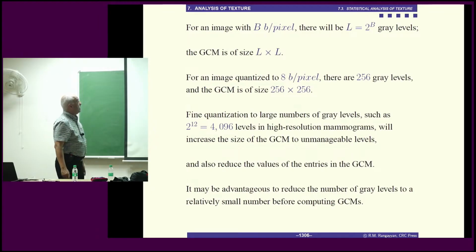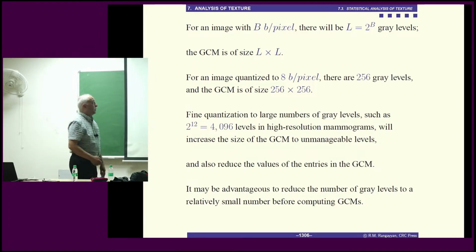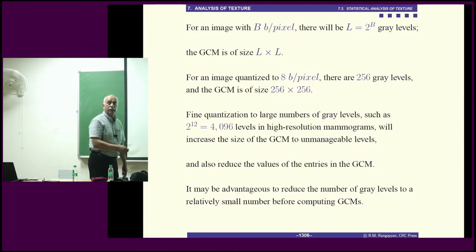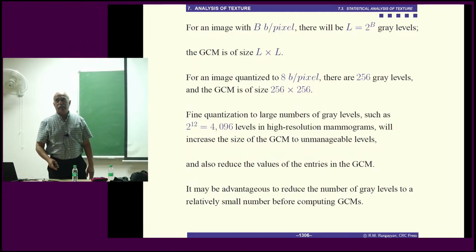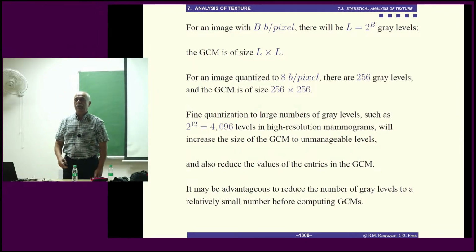So for an image with b bits per pixel, we have L equal to 2 to the power of b gray levels. The GCM is of size L by L. So if you have 256 gray levels, this will be 256 square. If you have 10-bit quantization, 1024, then 1024 square.